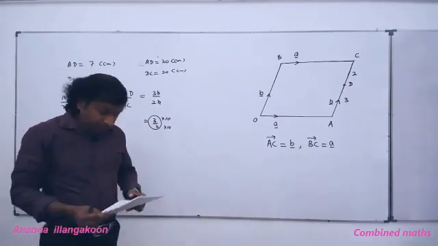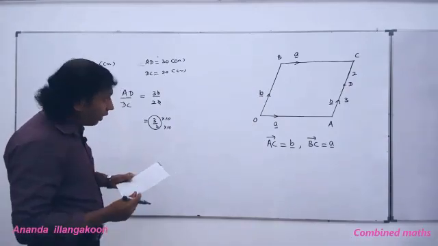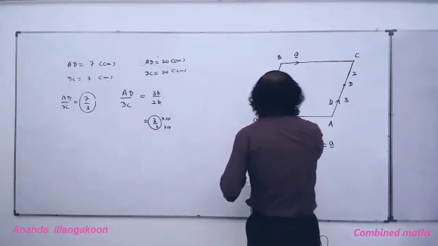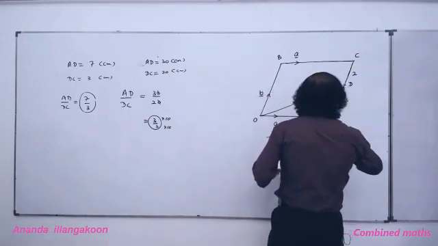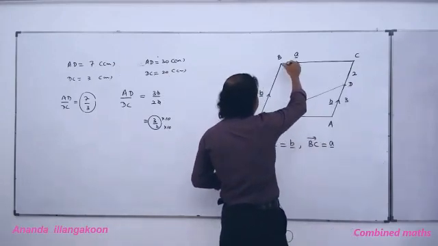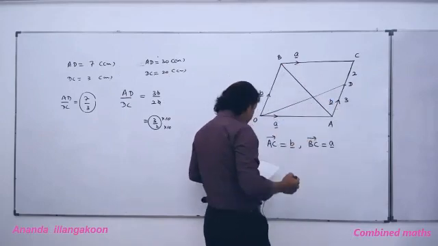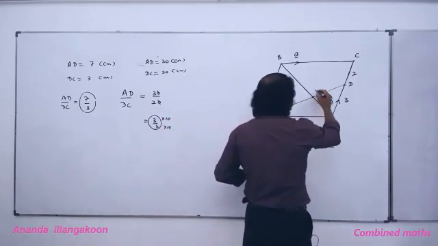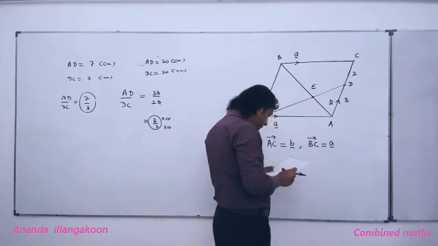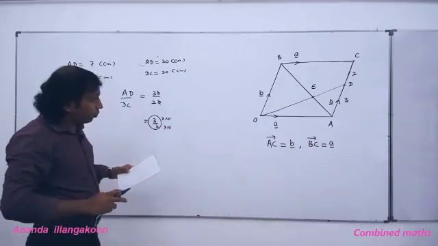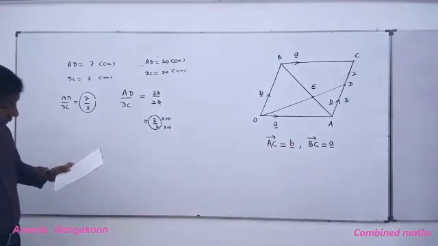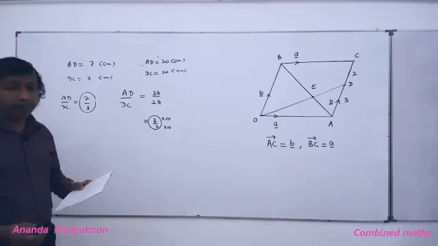The next one given: the lines OD and AB intersect at E. Express OE.